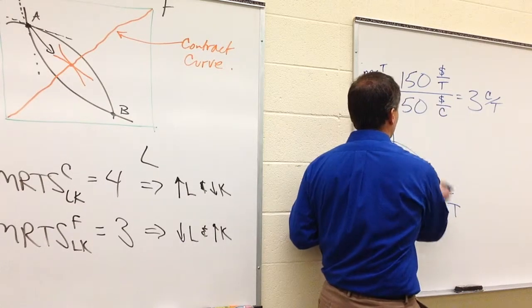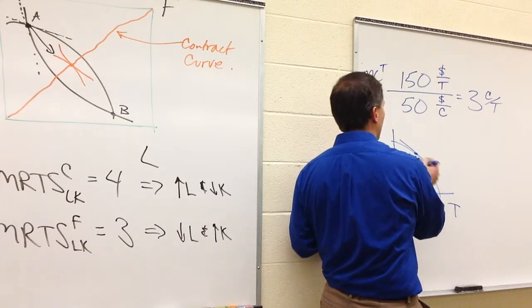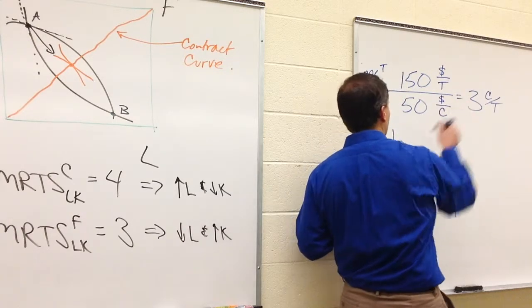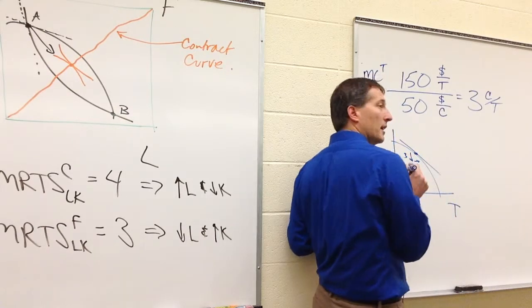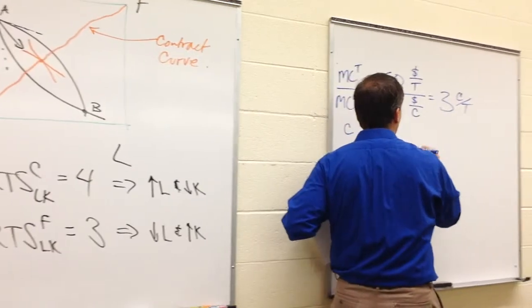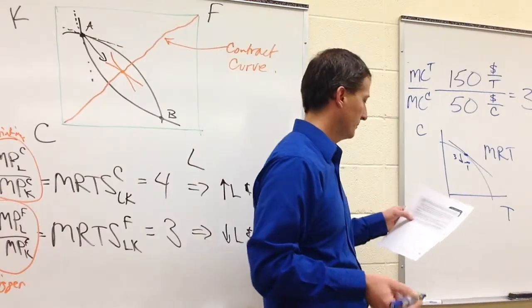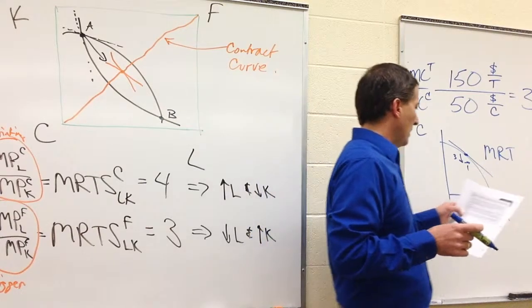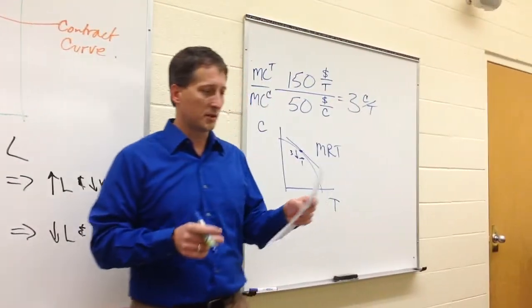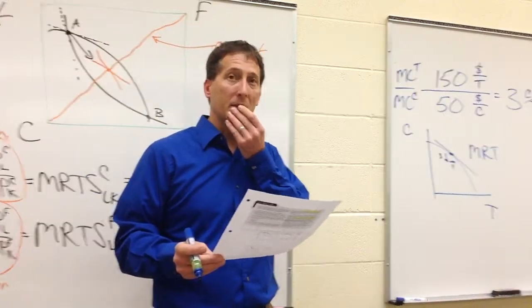If we've got a bowed out production possibilities frontier, what's the trade-off? We're giving 3 clocks up, the rise over run, 3 clocks for every 1 television. That's just the marginal rate of transformation. This is just a quick little example of what we did last time. Part C, any questions there?